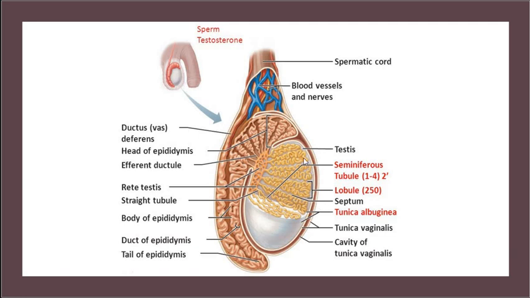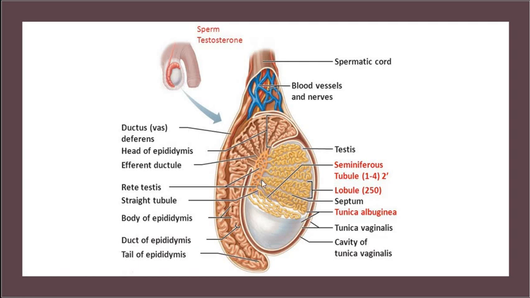Now, this right here is a testis. Inside of the testis, you have what are called seminiferous tubules, and you can see all these tiny little tubes. The reality is, as small as the artist tried to draw these, they are smaller still. One of these tubes is approximately 2 feet long.